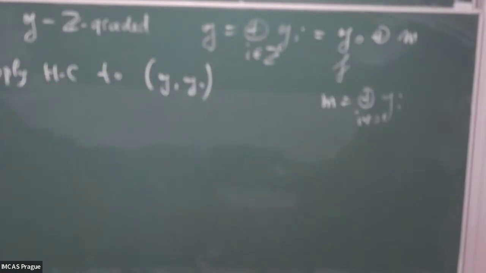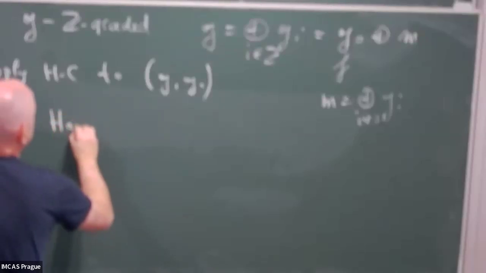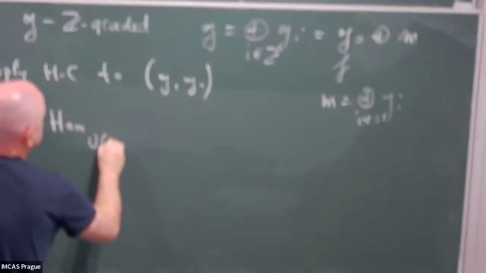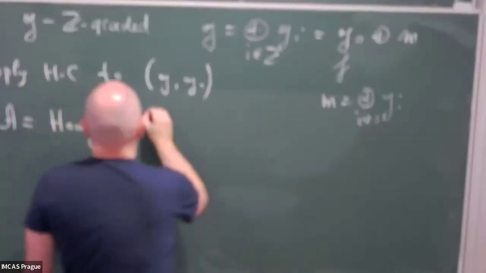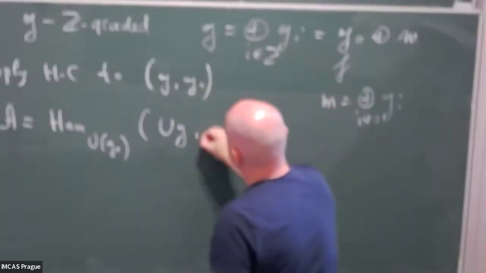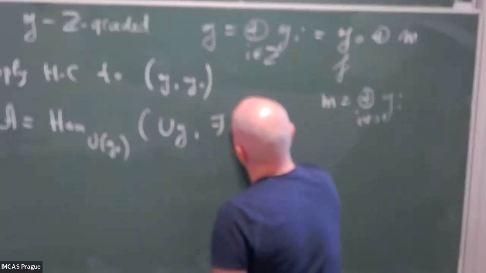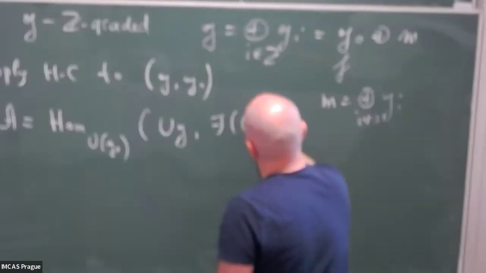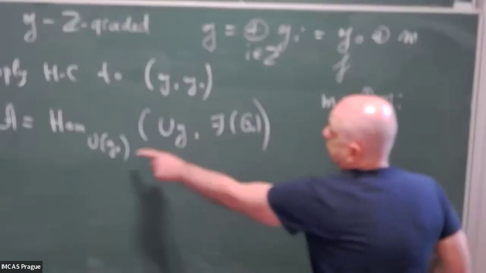What do we get? So the correct algebra, if I use the very general formula, is just homomorphisms over UG0. This is the most general way of taking various functions on G0, where G0 integrates G0.